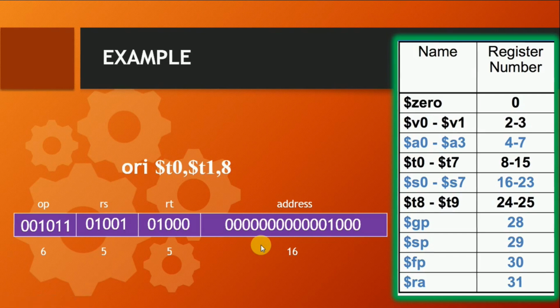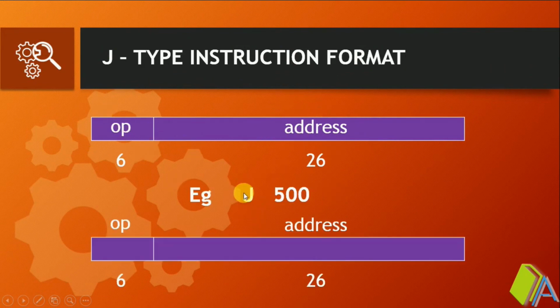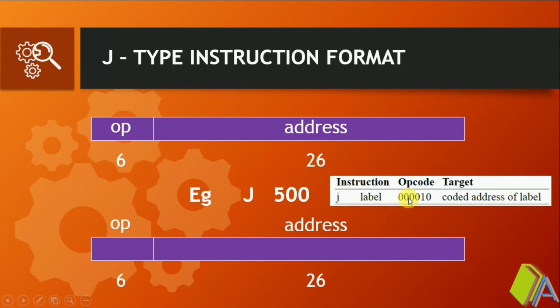The third instruction format we have to see is the jump instruction format. Here we have only two fields: one is the opcode field and the other is the address field. For example, in this case, I have to unconditionally jump to a particular address. The opcode value for J is 2, so I have to fill 2 here.